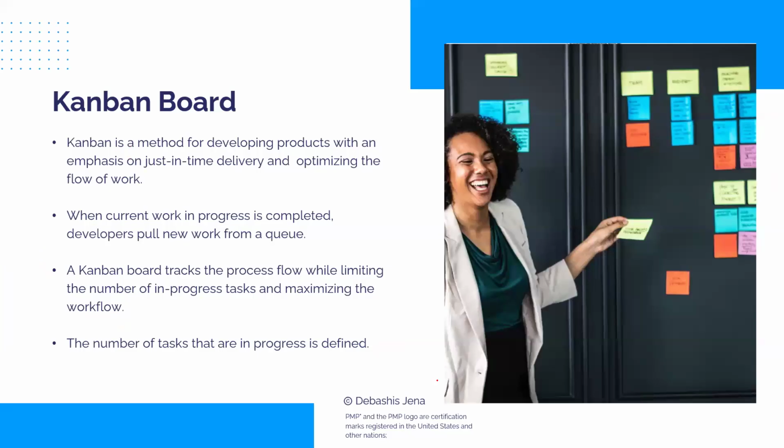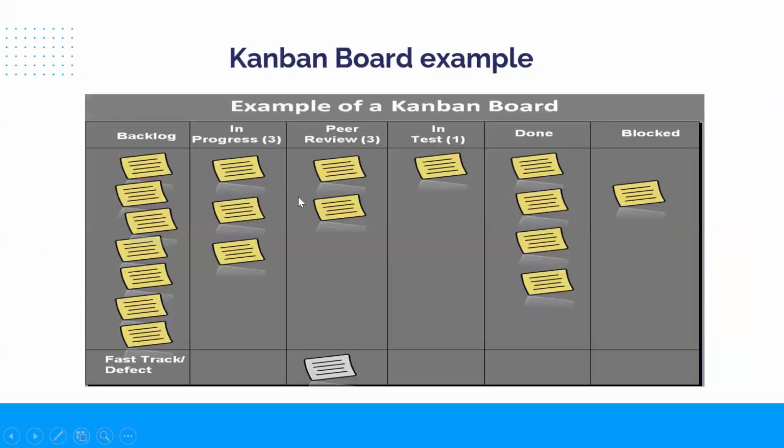Okay, good. Another information radiator I'm going to talk about is the Kanban board. First, have a look at the board, then I'll speak a few points about it. In the board, we again have backlog. And what are these: in progress, peer review, in test?